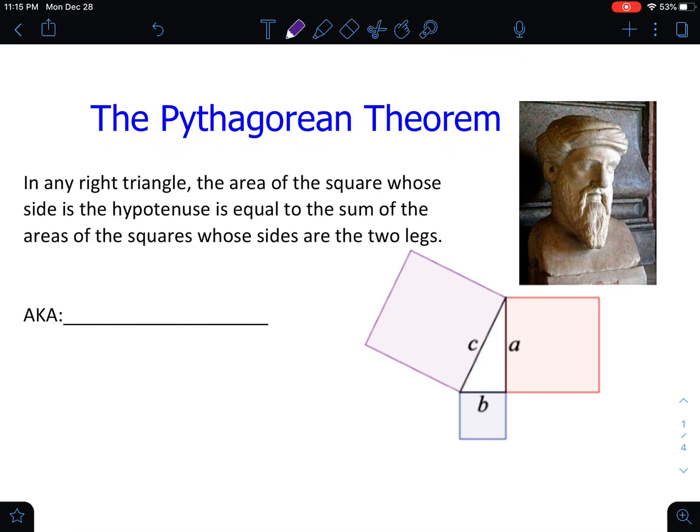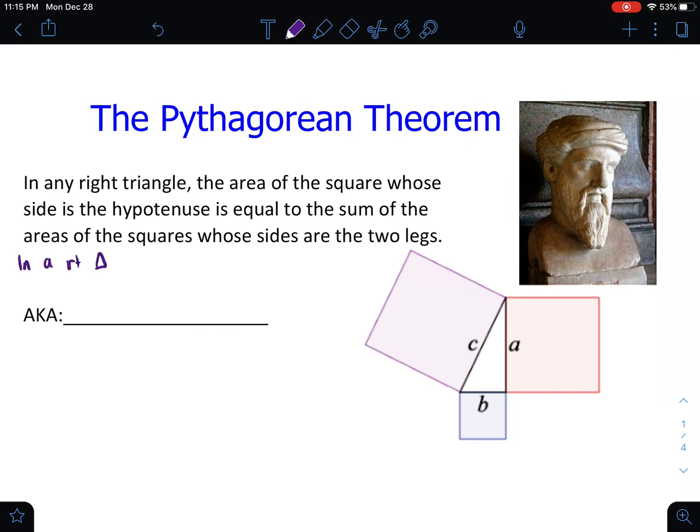All right, let's move on to the Pythagorean theorem, a very well-known theorem. This says in any right triangle, the area of the square whose side is the hypotenuse is equal to the sum of the areas of the squares whose sides are the two legs.